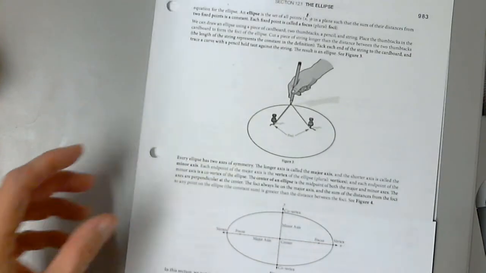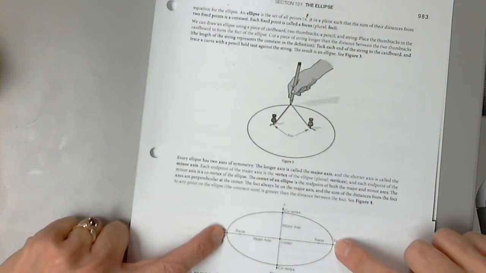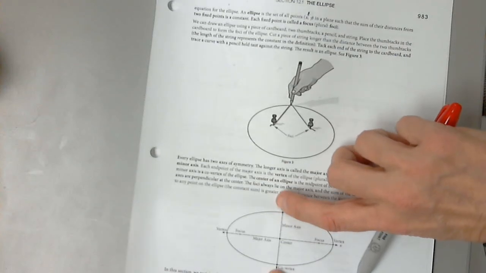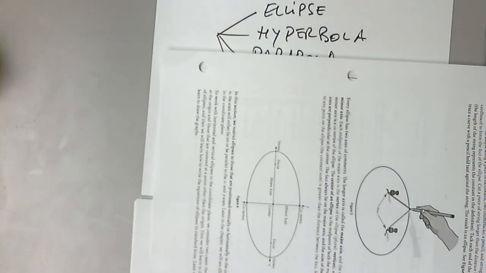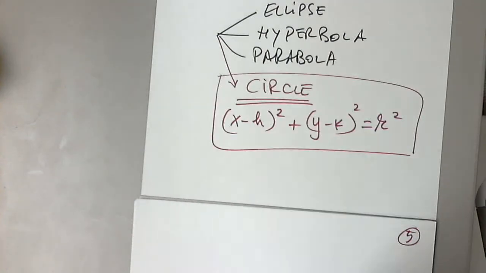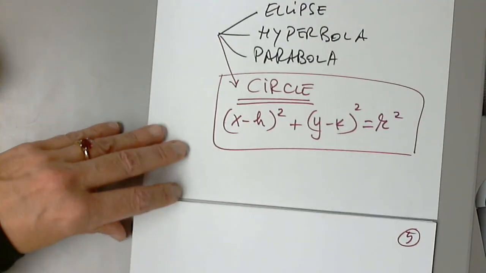The ellipse has what is called a major axis and a minor axis. The major axis can be horizontal or it can be vertical. Very possible. So obviously we have two situations to look at.